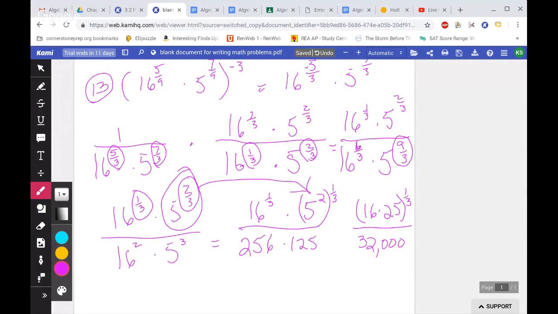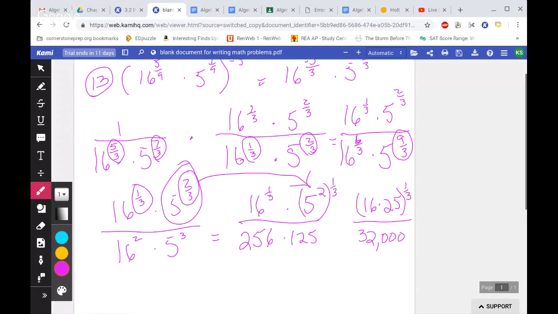Because once I have the same exponent, I can multiply my bases. Can you multiply the 16 and 25? Yes, now I can. Because I got my exponents to be the same, I can in fact do that.